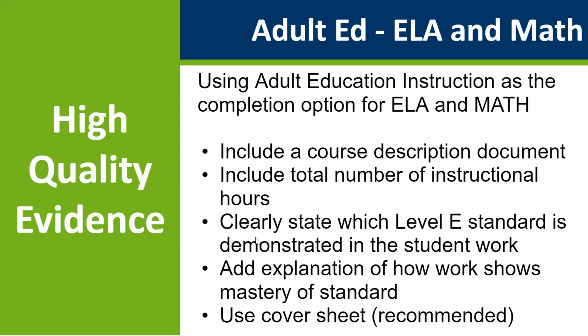You want to clearly state for your reviewers which level E standard is demonstrated. Remember, they only need to demonstrate mastery of one level E standard in the work, and we as reviewers need to know which one we are looking for. And if it's not clear how or where to find their demonstration of mastery, please explain that to us. Please explain how the work shows mastery.